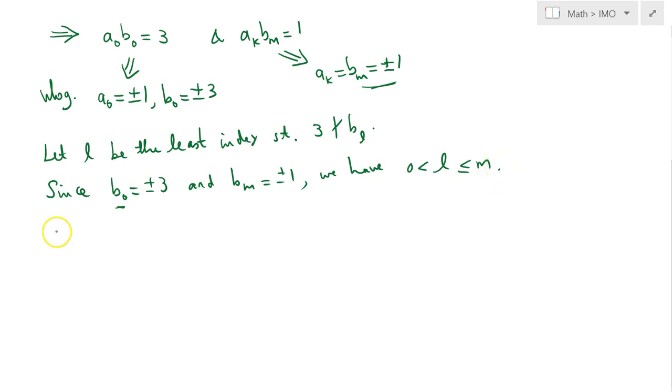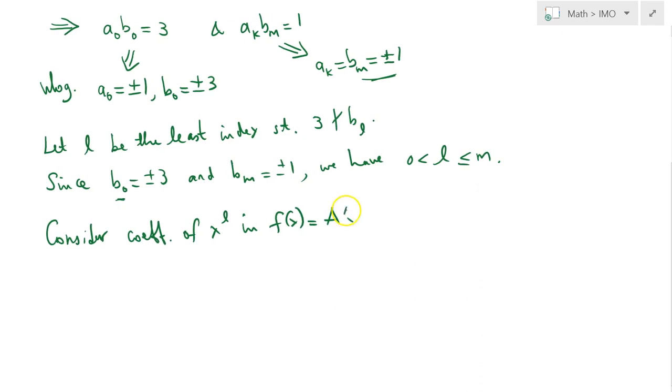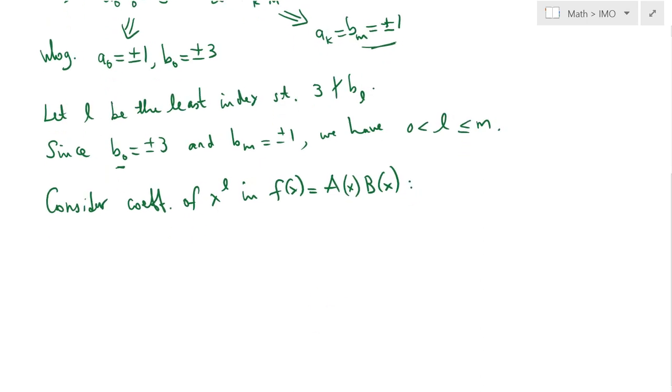Okay, now consider at this step the coefficient of x to the power L in the polynomial f of x, which, remember, is equal to a of x times b of x. So let's consider the coefficient of x to the power L in that product.